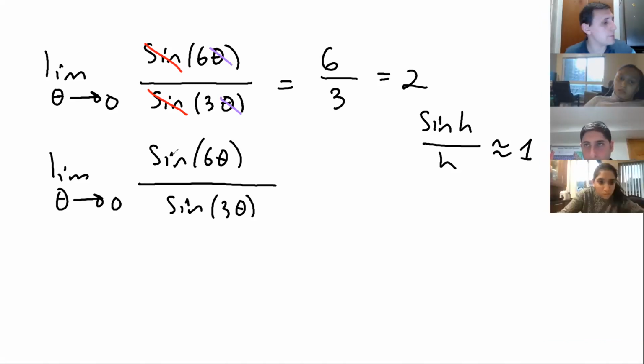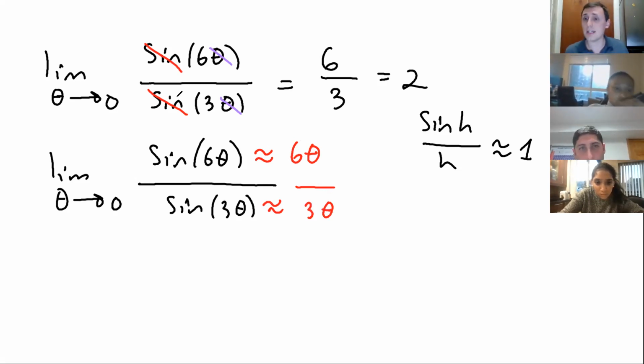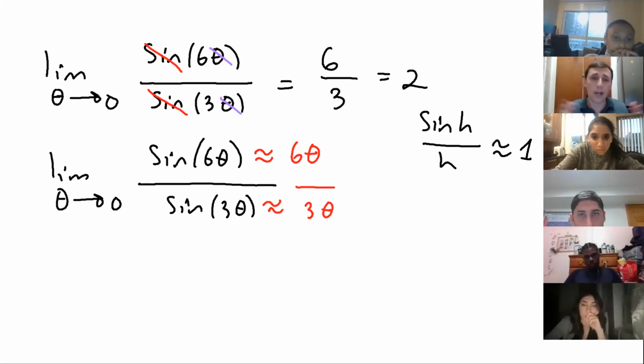So if theta is going to 0, 6 theta is a small angle, and the numerator looks like 6 theta. Sine is essentially not doing anything there. And the denominator looks like 3 theta. We did not cross out the sine. It's just that the sine was practically not there.